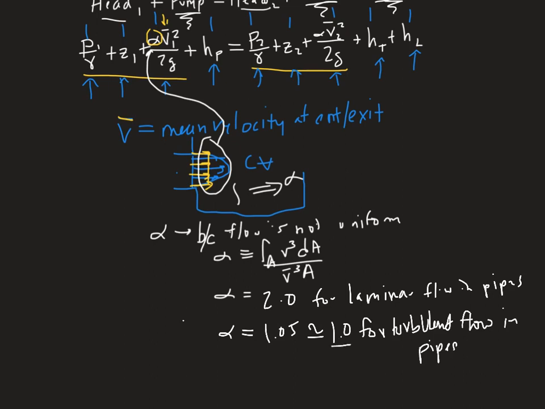Because usually you're going to be dealing with turbulent flow almost always, a lot of times people will write this section right here as P2 on alpha plus Z2 plus V2 squared on 2g, because they just don't feel like writing the bar.